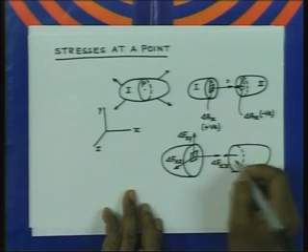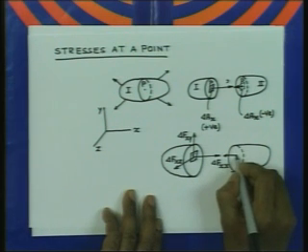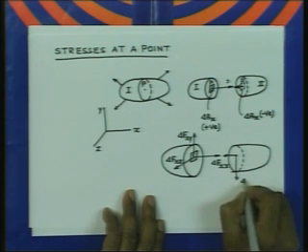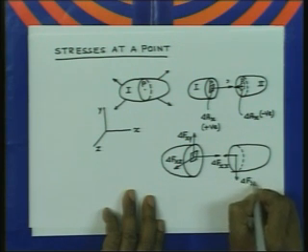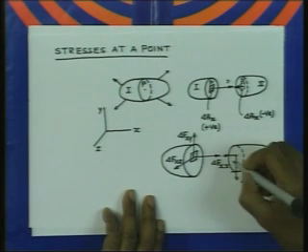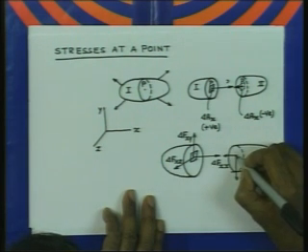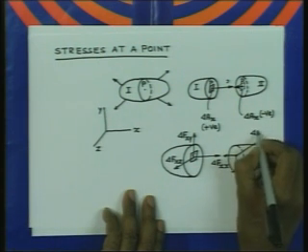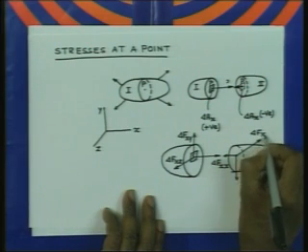It will be directed in the negative x direction, and this component will be delta F xy, again directed in the negative direction, and the z component is going to be like this, that is delta F xz.